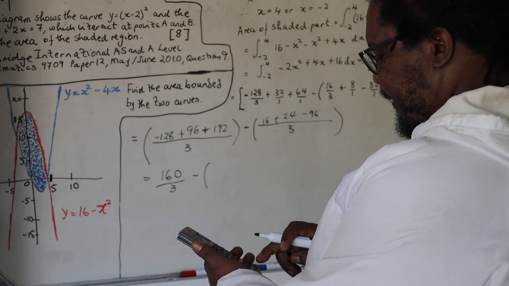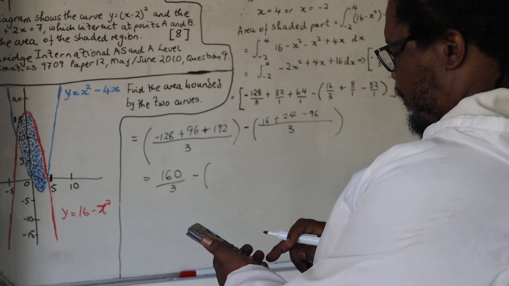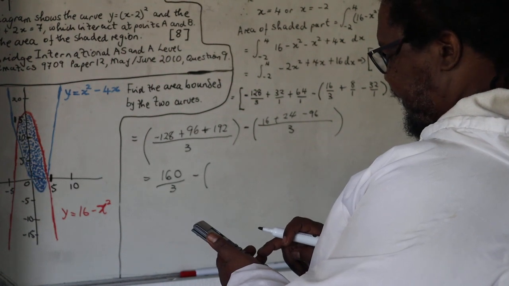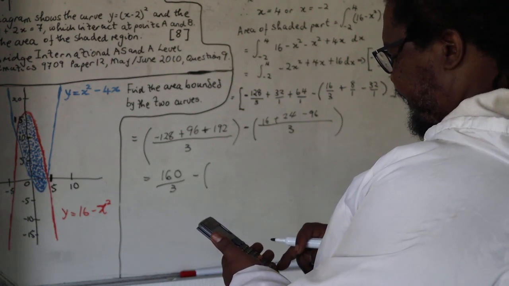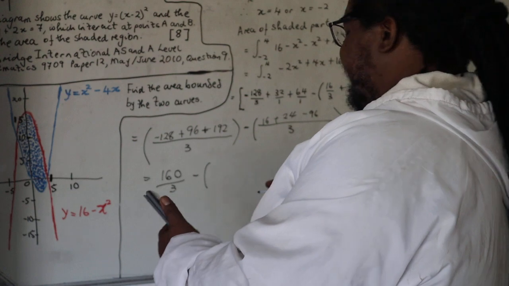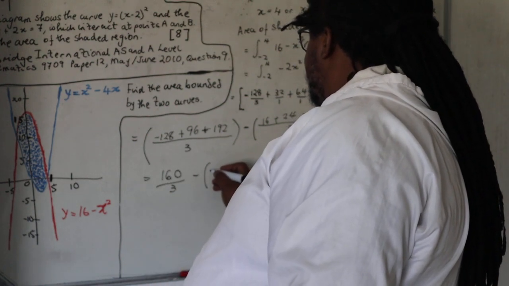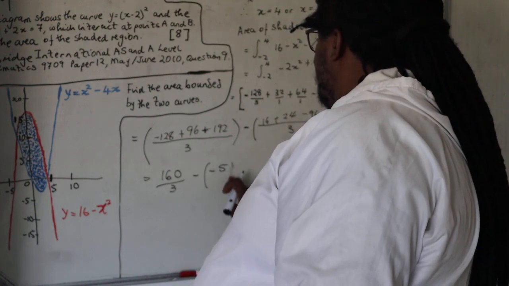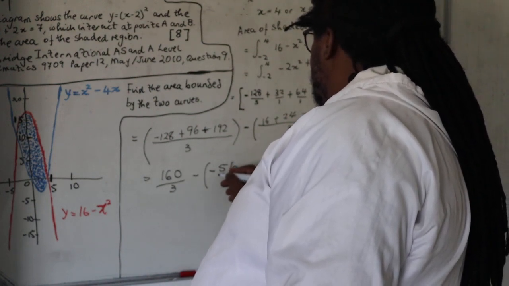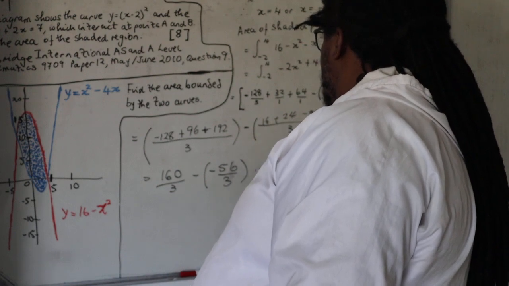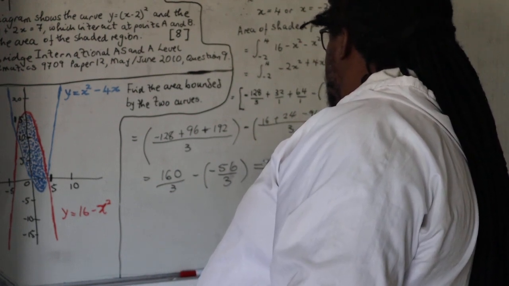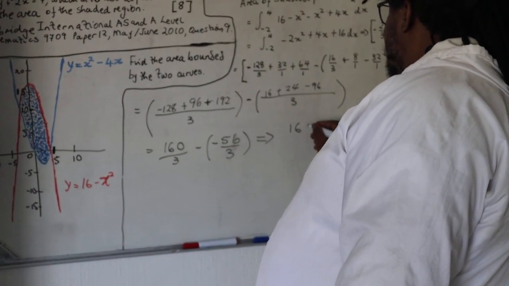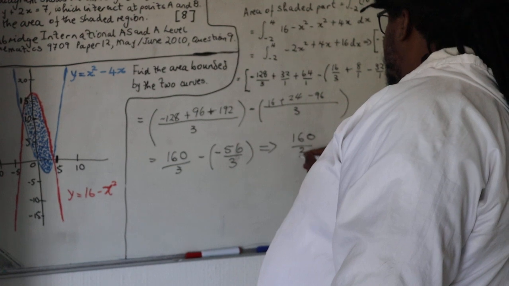And here we have the 16 plus 24 minus 96 equals minus 56 over 3. And then we have the 160 over 3.